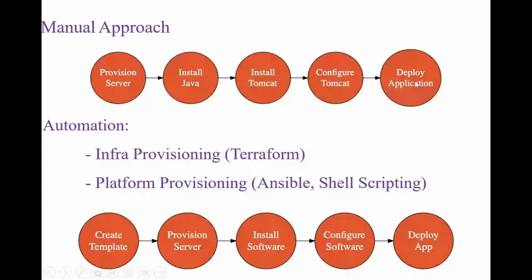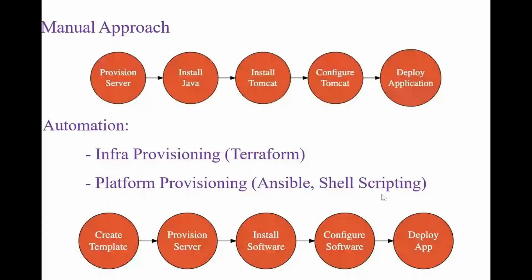If you observe the manual approach, how do we convert it to automation? We have the concept of templates. With the templates, we provision the server. And with Ansible and shell scripting, we install and configure the required software and deploy the application. From that point of view, we become a developer.